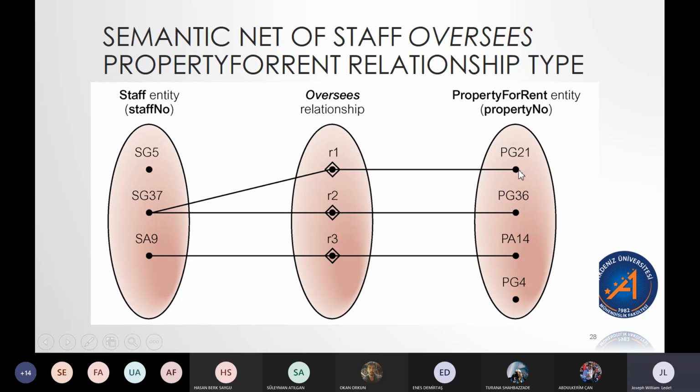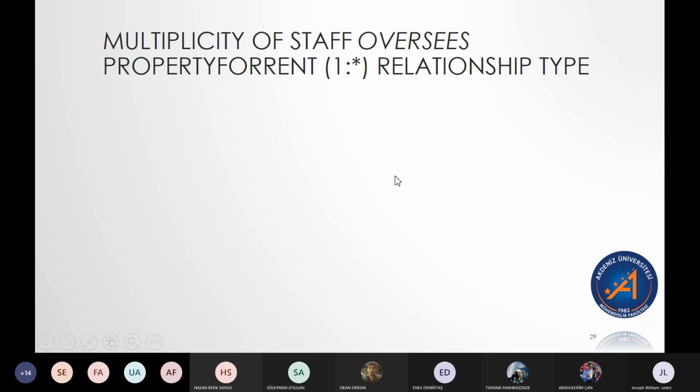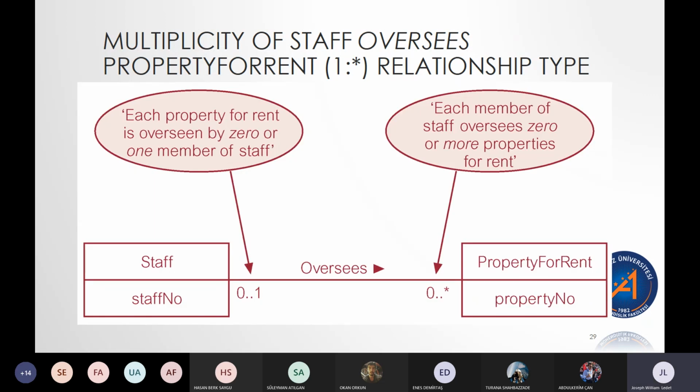But if a property is overseen, it's only overseen by one person. Here, this one's only overseen by one person. Okay. The way we would represent this using a binary relationship: a staff oversees properties.